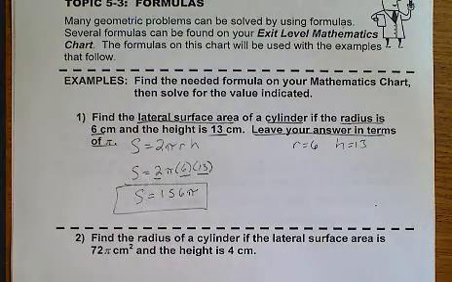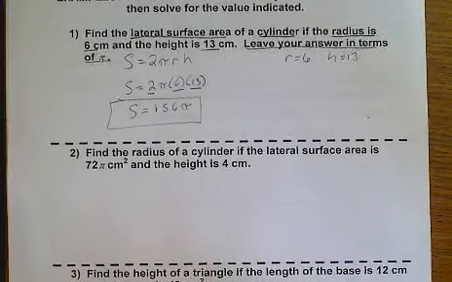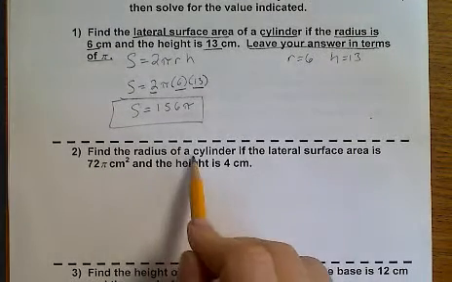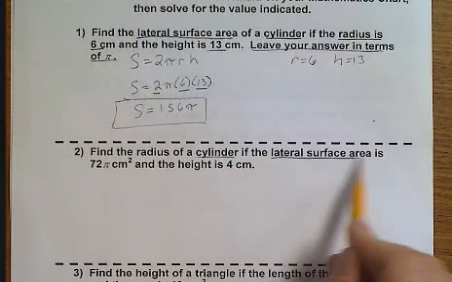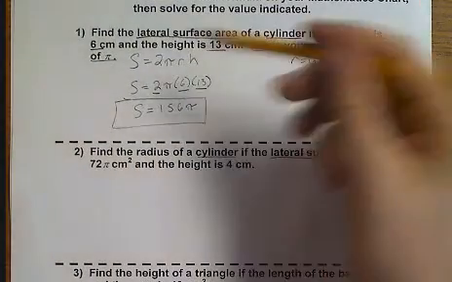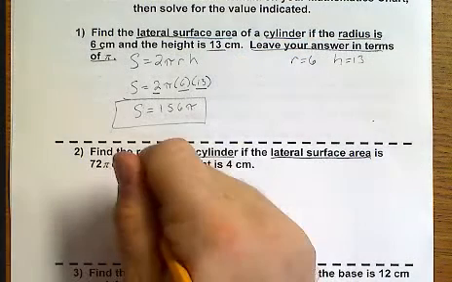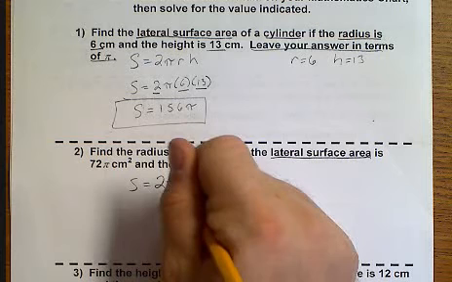Now, moving on to question number 2. We're talking find the radius of a cylinder, lateral surface area. We're going to be using the same formula that we used earlier. S equals 2 pi RH.